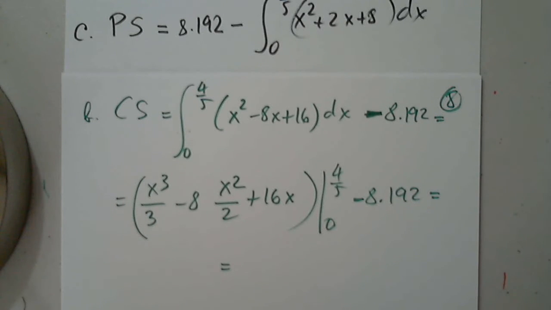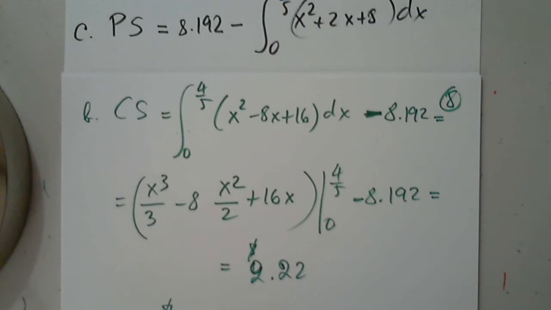Okay, x squared plus 2x plus 8. The x, don't forget the x. Okay, so the consumer surplus is $2.22, and the producer surplus is $0.98. That's all there is to it.